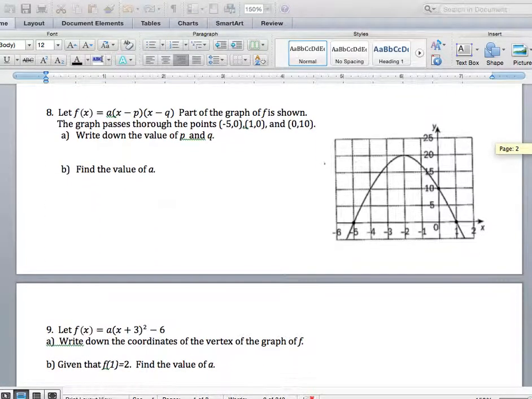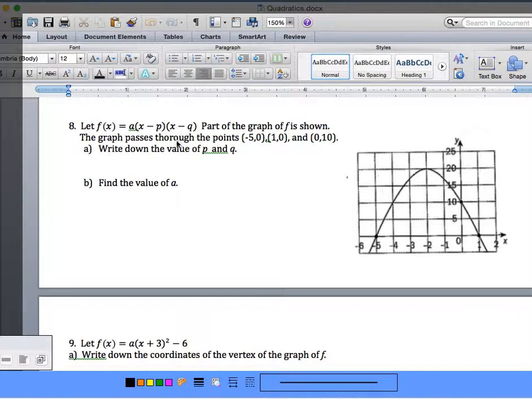Now when we look at number 8 here, you'll notice it's in intercept form. Write down the values of p and q. Well, p and q, those are just our intercepts here. So we have -5 and 1. We know if we plug those in, we'd have f of x equals a times x minus -5, so it would be x + 5, and x minus 1.